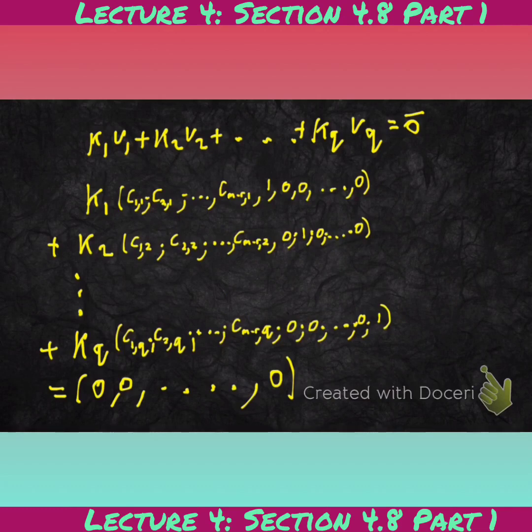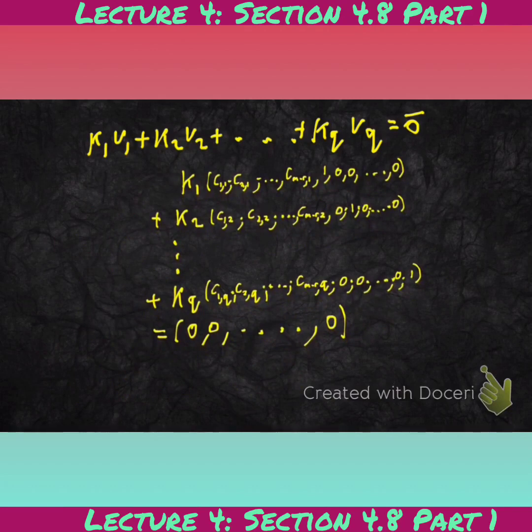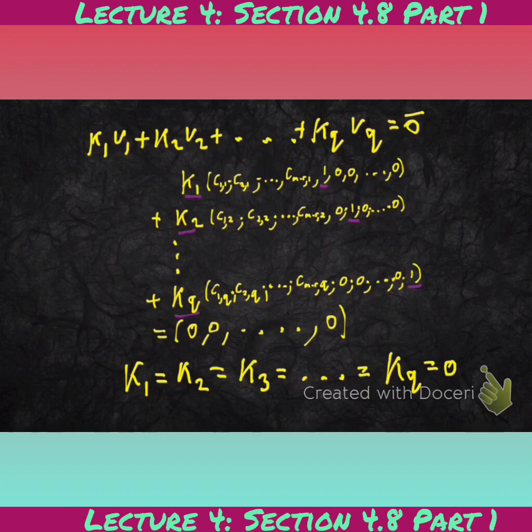Now we can solve for the values k1 up until kq. It's very straightforward. First of all, k1 times that component has to be 0, k2 times that component has to be 0, and up until the last one, kq times that component has to be 0. Therefore k1 up until kq are all 0.